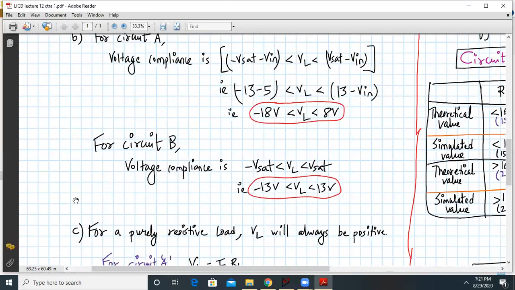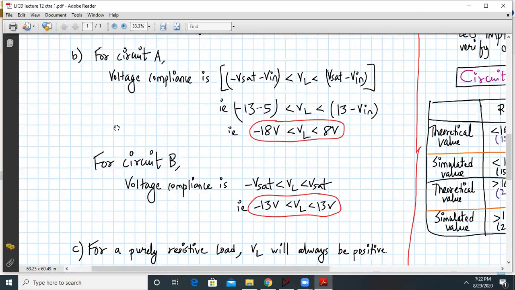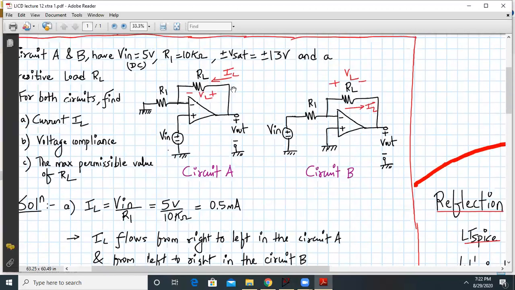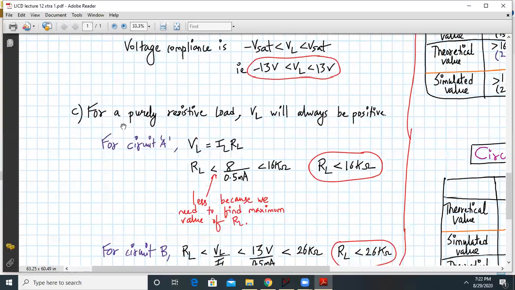And for the third part, we have to find the maximum value of RL, right? For a purely resistive load, VL will always be positive. So that is for sure. And for circuit number A, what will be VL? VL will be IL into RL. So that's what we have written over here. Hence VL will be less than. Why are we writing less than here? Because we have to maximize the value of RL.